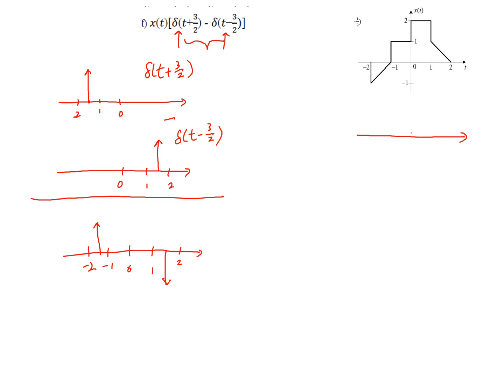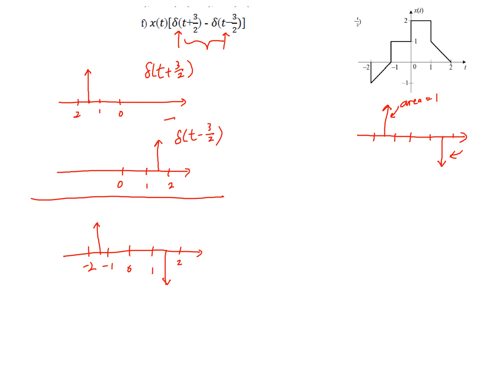So let me draw the spike over here. So the first spike is here. Second spike is here. Alright, now how do we multiply it by x(t)? Alright, remember this spike has area of 1. This spike also has area of 1.